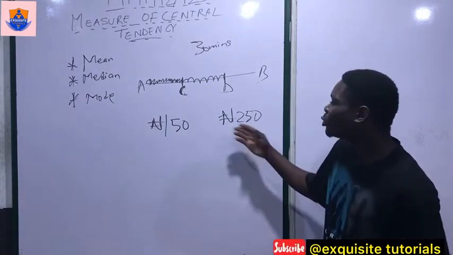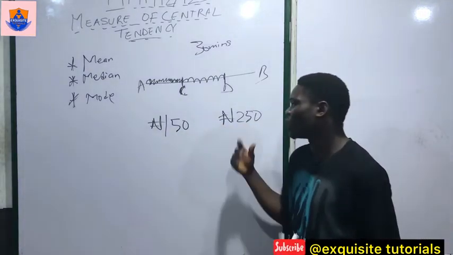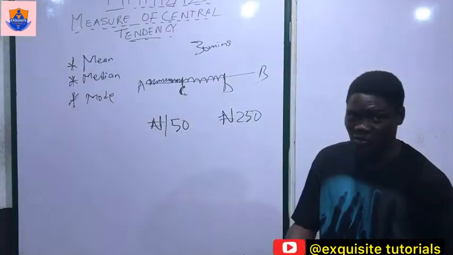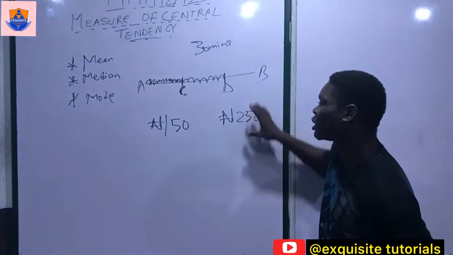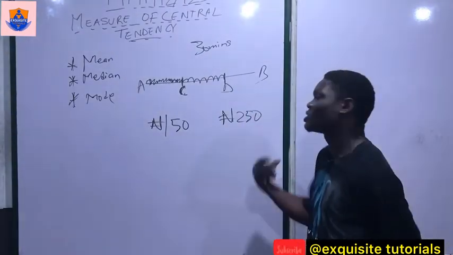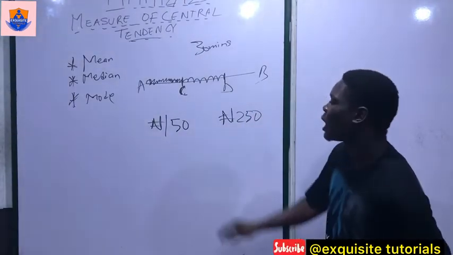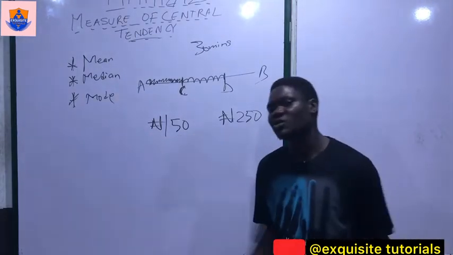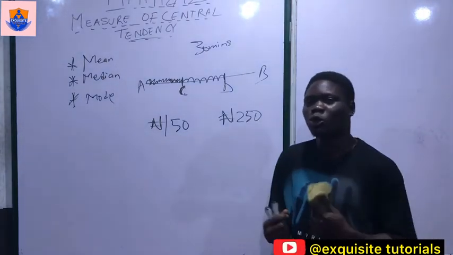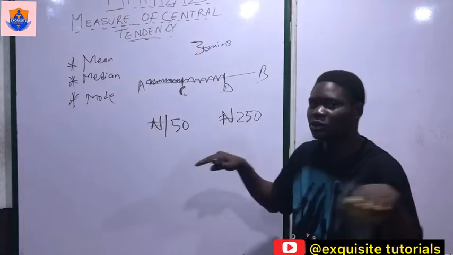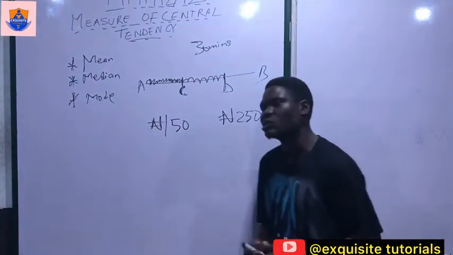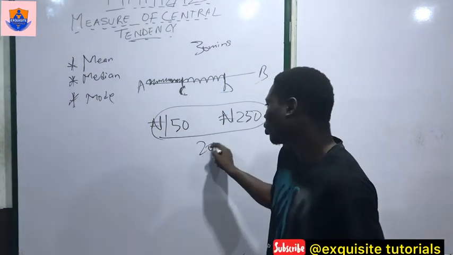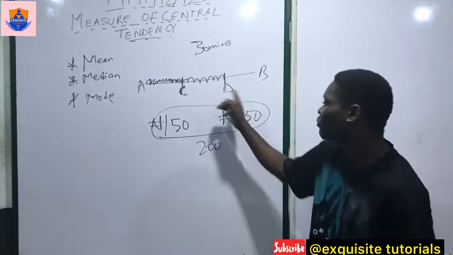But how do both of you share this money so that both of you will be satisfied? Now, how do you balance this money so that both of you will be satisfied at the same rate, even if not completely? The average between these two is just 200. What your elder brother will do is give you 15 naira there.